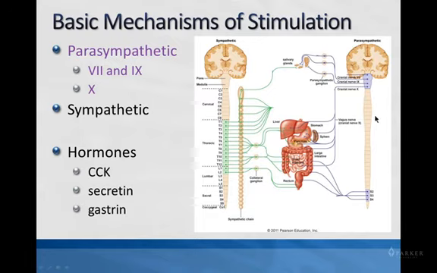In regards to control of secretions, you have cranial nerves 7 and 9. They will innervate salivary glands, so that'll be involved in salivation. You have cranial nerve 10, which innervates the stomach, the duodenum, and the esophagus.